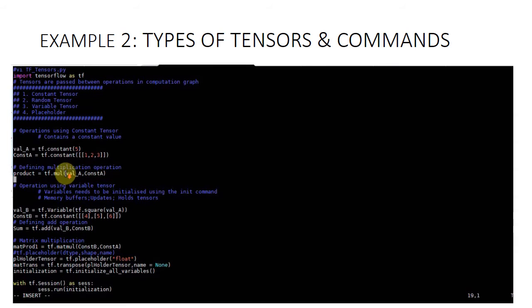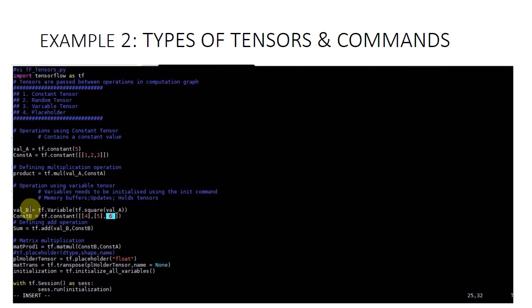In the next part, I'm using a variable tensor for value_b. What's special with a variable tensor is that these are storage tensors, which means they will hold the tensor value that you want them to hold. But initially, when they are created, these variable tensors are initialized with zeros, irrespective of what you really wanted them to store.